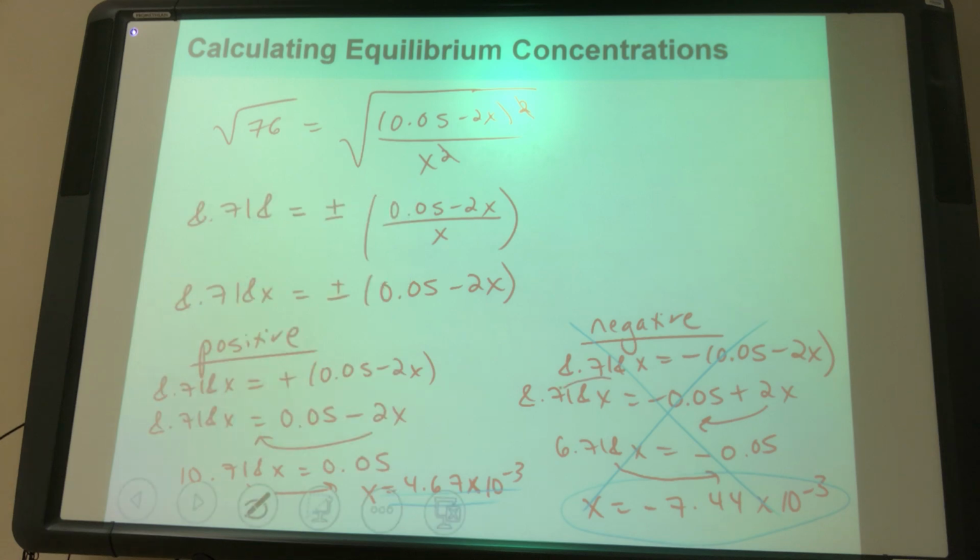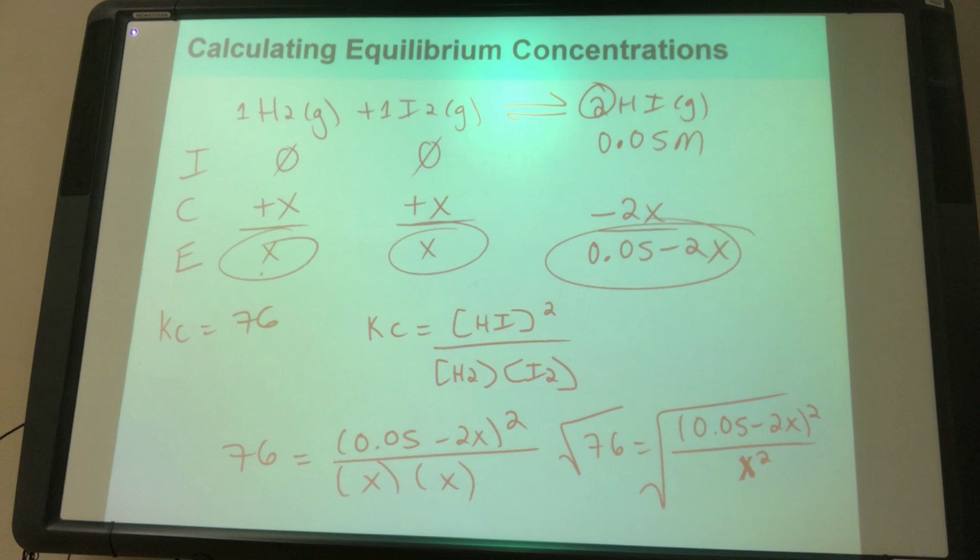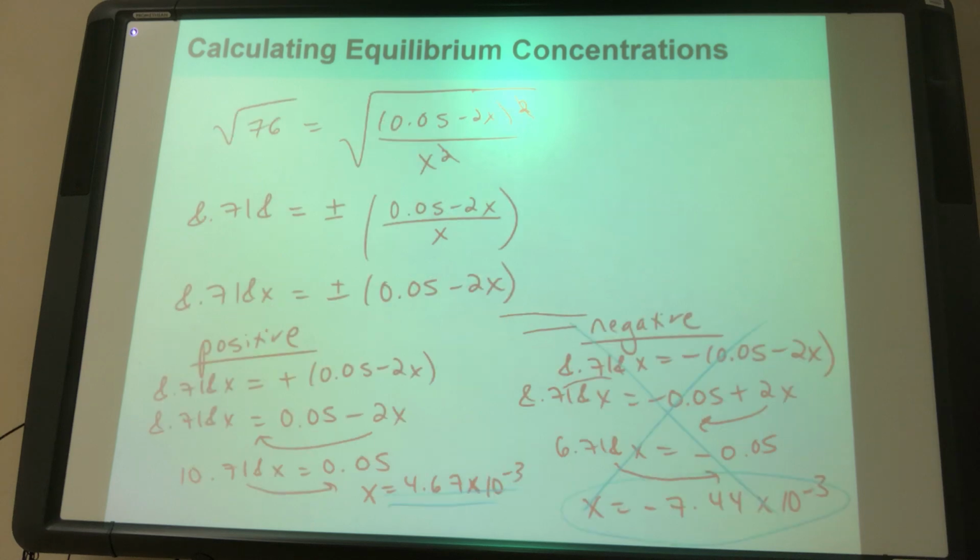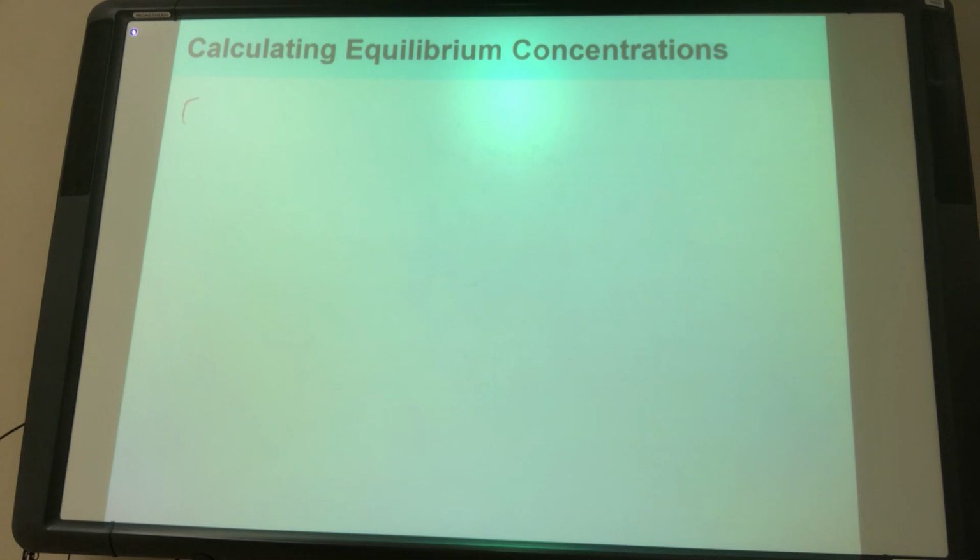So we said, go to the next slide. There we go. So I'm just going to copy this over. H2 is x, I2 is x, HI is 0.05 minus 2x.